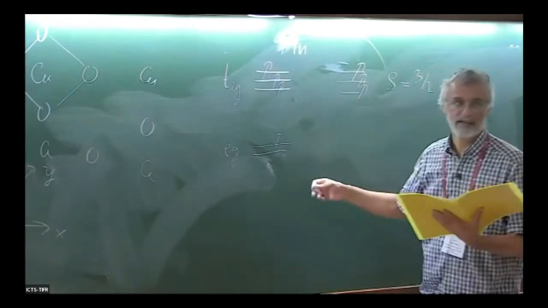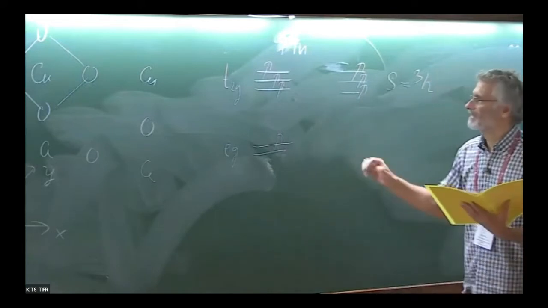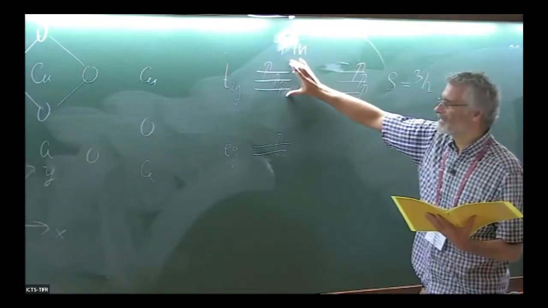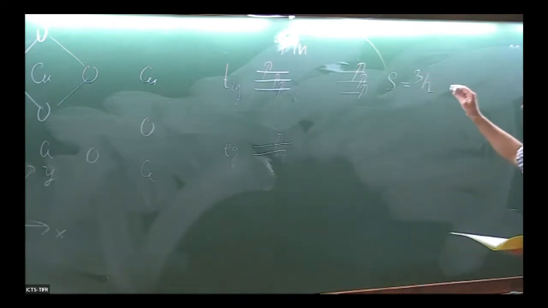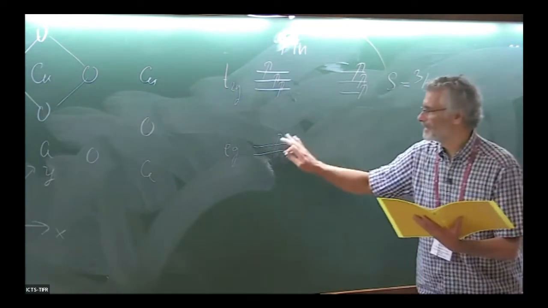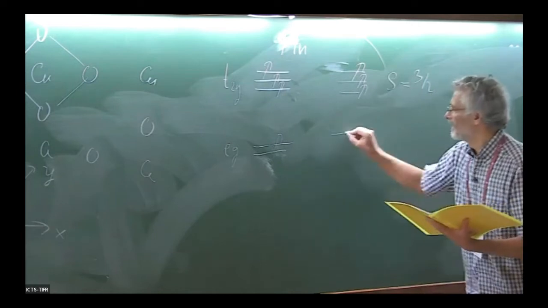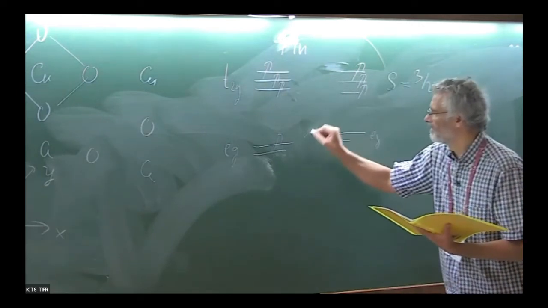These three electrons are really making a very nice, almost isotropic 3/2 spin. This shell is kind of filled. So we can think about this as a localized spin of size 3/2, and then there are these electrons which are either present or not, and there is another EG orbital, and they can hop around. Okay, so what is the effective model for this system?